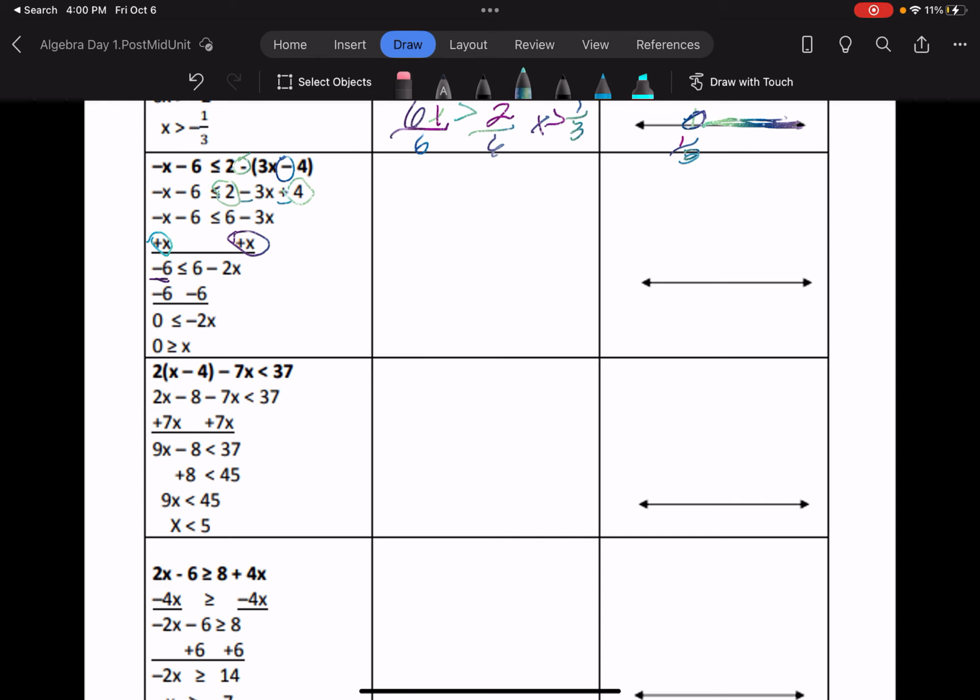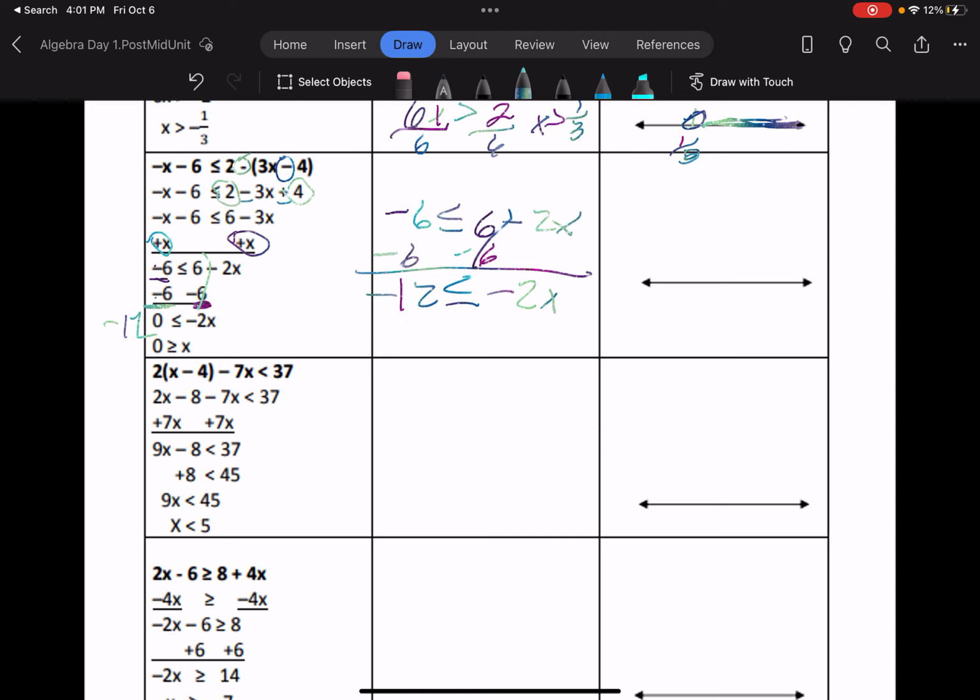And so here is where we see that there is a problem. They subtracted 6 from both sides here, which made it 0 here. And then negative 6 minus negative 6 should be negative 12. So that's where they made the mistake. So let's start from that point. So negative 6 is less than or equal to 6 minus 2x. If we subtract 6 on both sides, this is 0, this is negative 2x, and this is negative 12.